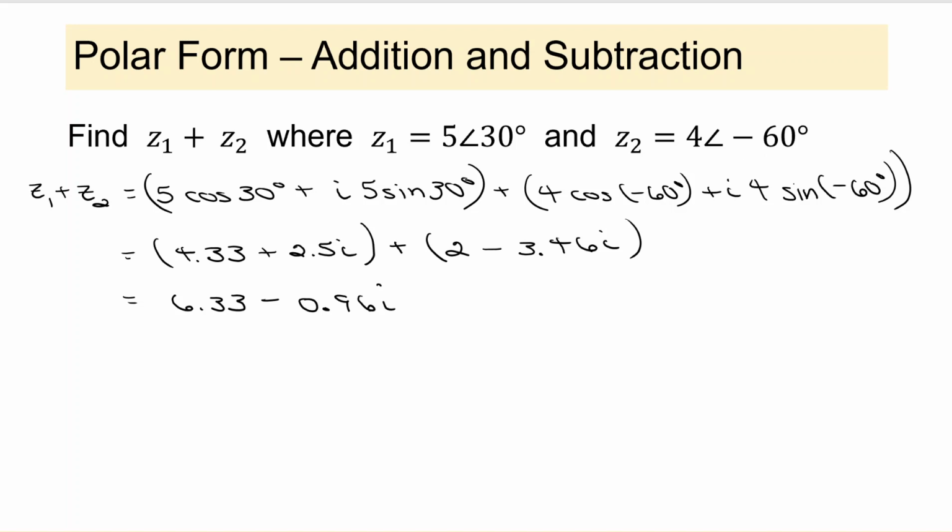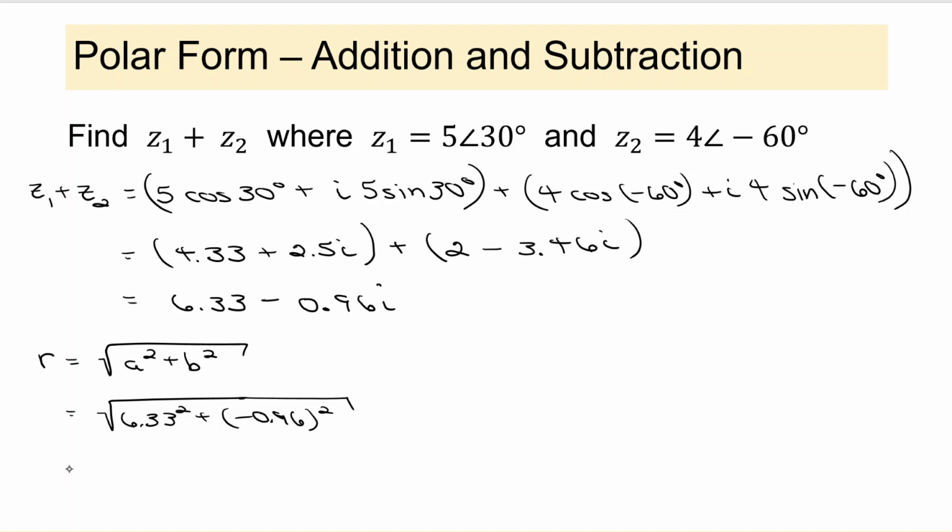So how do we do that? Well, we find our R, which is just the square root of A squared plus B squared. So 6.33 squared plus negative 0.96 squared, and that ends up being approximately 6.40.